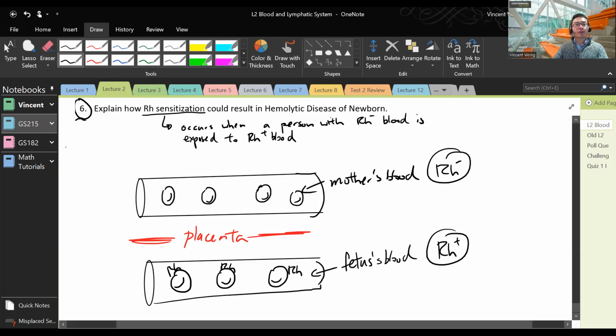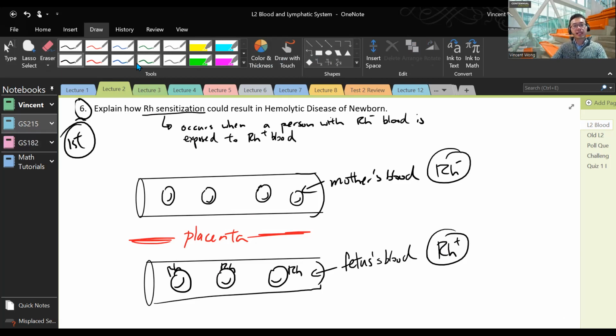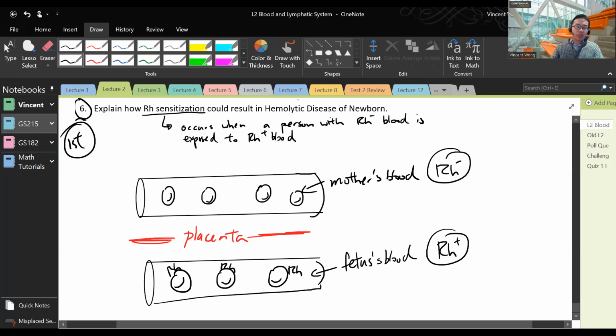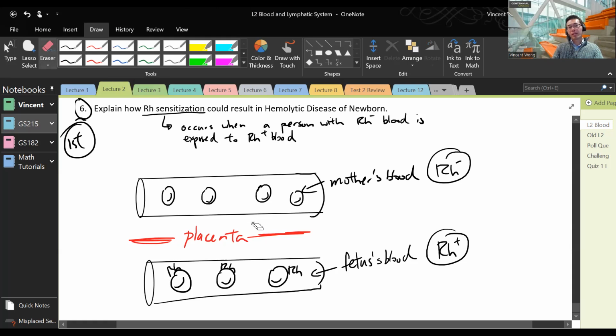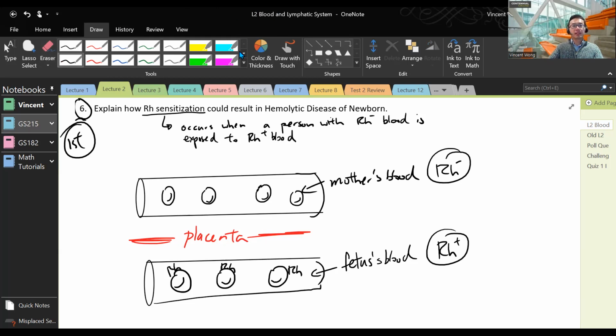Okay, so this is the first pregnancy. What happens during the first pregnancy is that maybe the mother had some kind of trauma. Maybe she fell. Maybe there are other reasons that cause the placenta to tear a little bit. Or it could happen during the actual delivery. The placenta ruptures a little bit, which is kind of common.